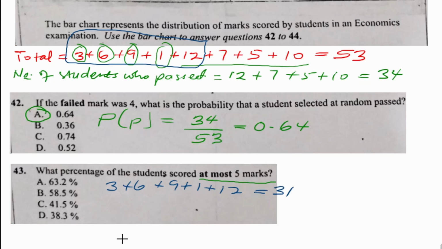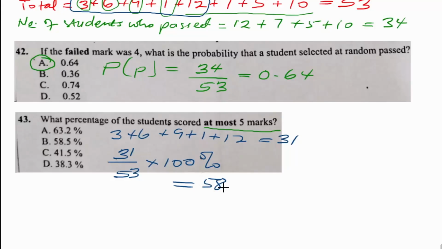And the percentage of this will be 31 divided by the total, which is 53, times 100%, and that will be equal to 58.490566, and it continues. And looking at the options here, it means that these have been rounded to the nearest tenth or 1 decimal place, and that means we are ending it here.